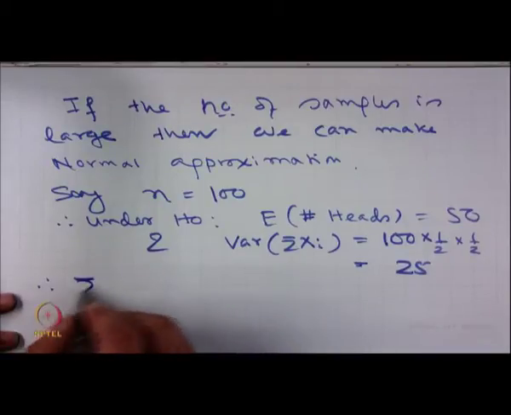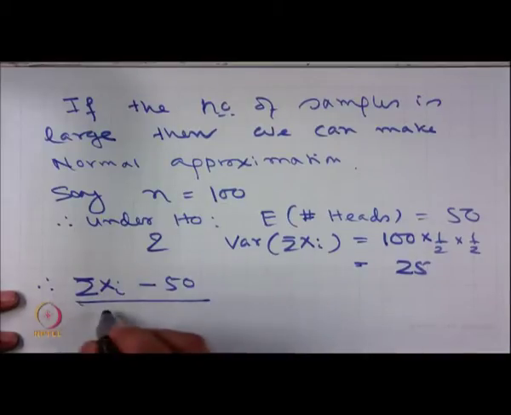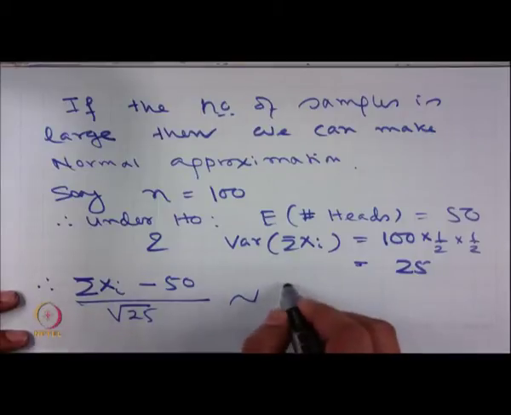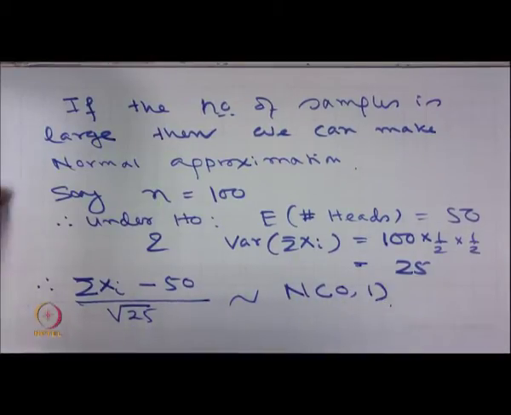Therefore, (sigma xi minus 50) upon root 25 may be approximated as normal with mean 0 and variance 1.